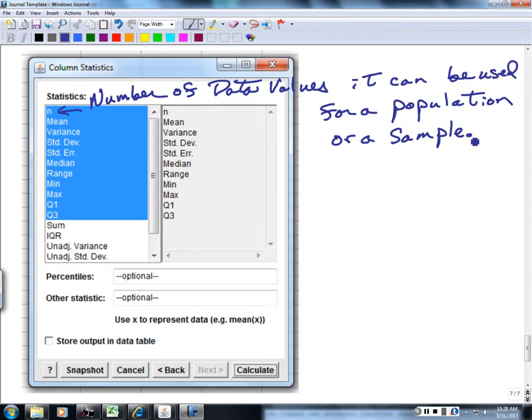Okay, now, you're going to notice two things. You've got variance and standard deviation here, and you have unadjusted variance and unadjusted standard deviation here. This variance and standard deviation is for a sample. Okay?